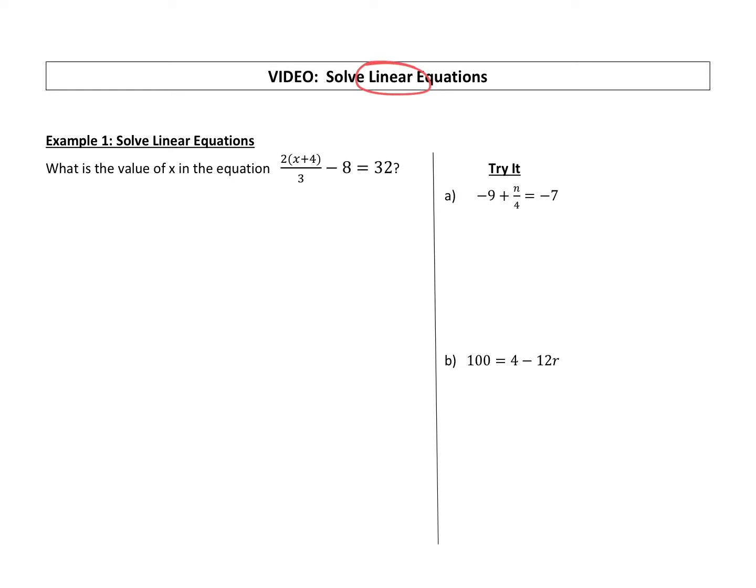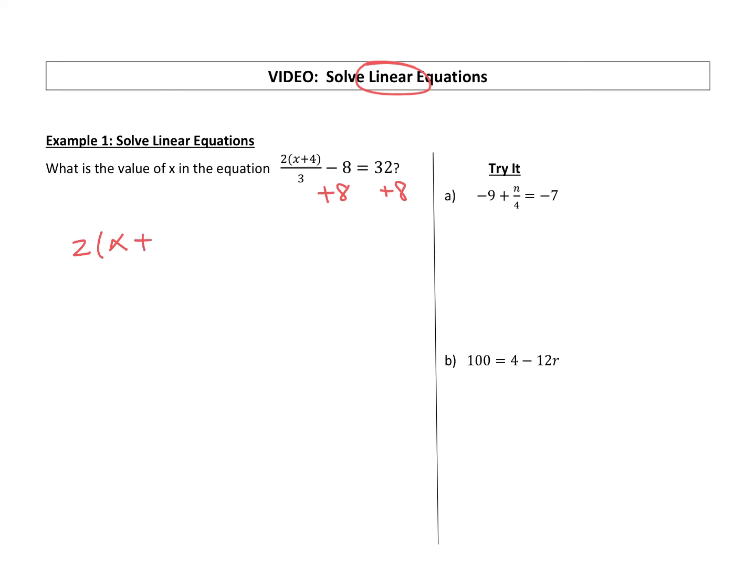Because we are subtracting 8, we can do the opposite of that, the inverse operation. We can add 8 to both sides, and the equation will stay true, because what I'm doing on one side of the equal sign, we are also doing on the other side.